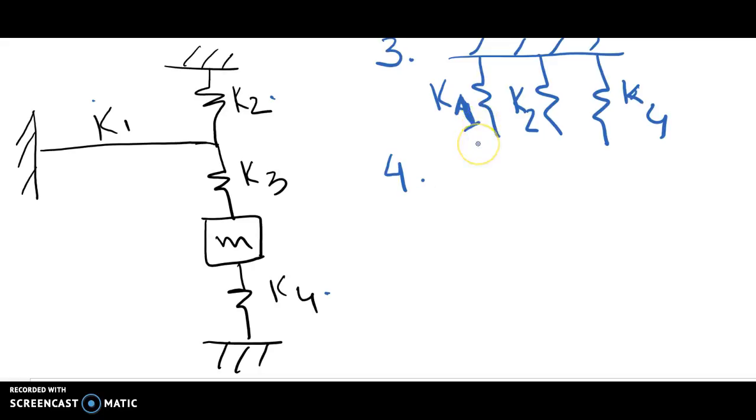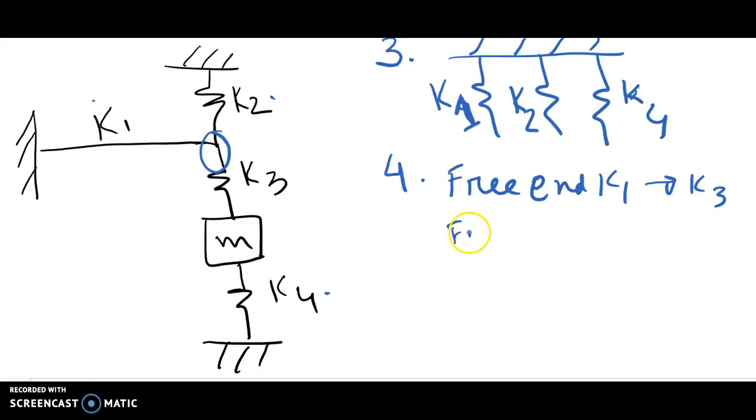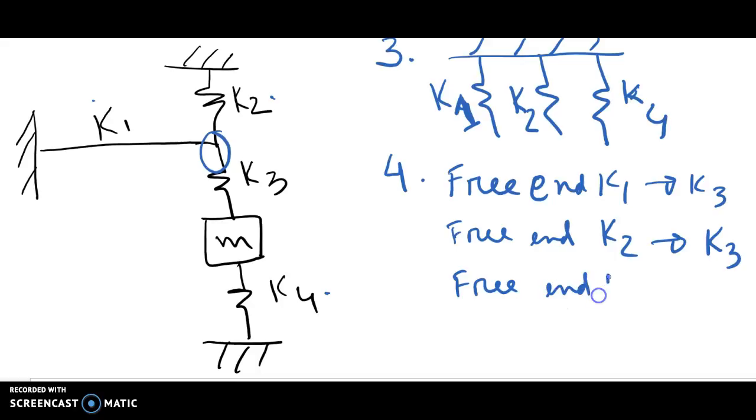So for K1, it is attached to the K3, so free end of K1 is connected to K3, free end of K2 is also connected to K3, free end of K4 is connected to mass.